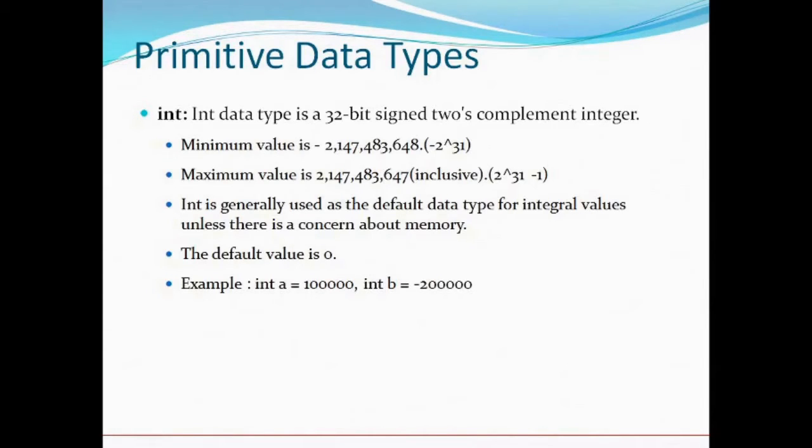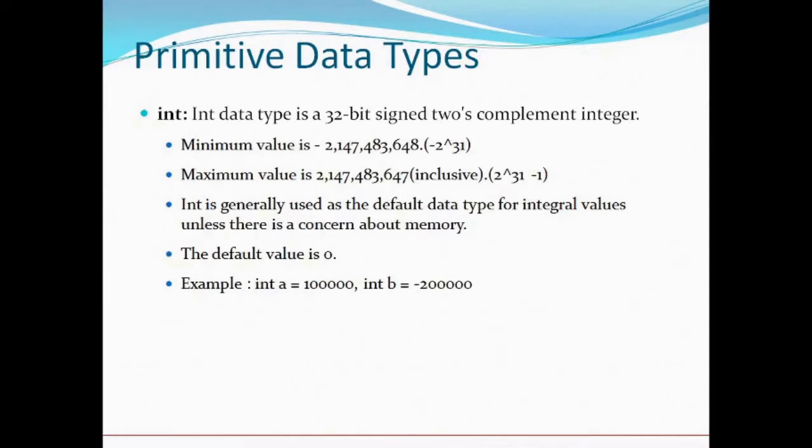Since it is holding 32 bits of storage, it will range from minus 2 to the power of 31 to 2 to the power of 31 minus 1. So the minimum value will be a very huge value, that is 2147483648, and similarly the maximum value is as given in this slide.